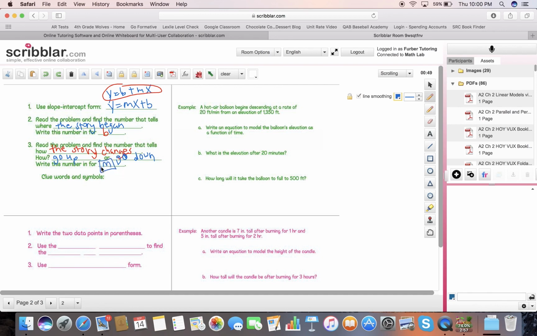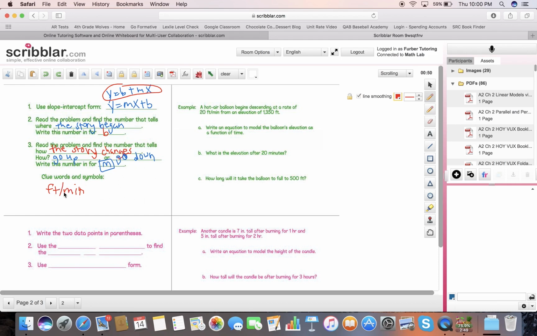That's the m, okay? How will you know which one is which? Well, sometimes you could just read it and figure it out, but there are also some really easy ways. Sometimes you're looking for clue words that will give you a clue where the rate of change is. Anytime that you see anything like feet per minute, words per minute, or inches per second, okay?